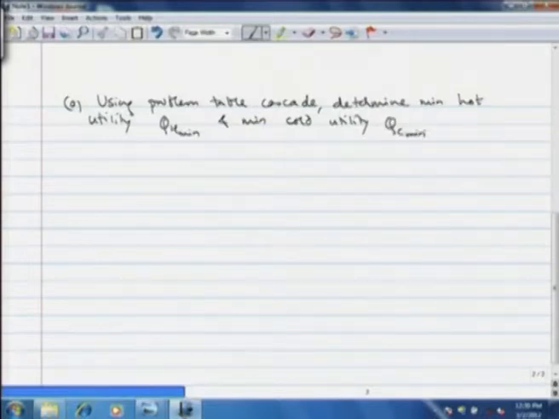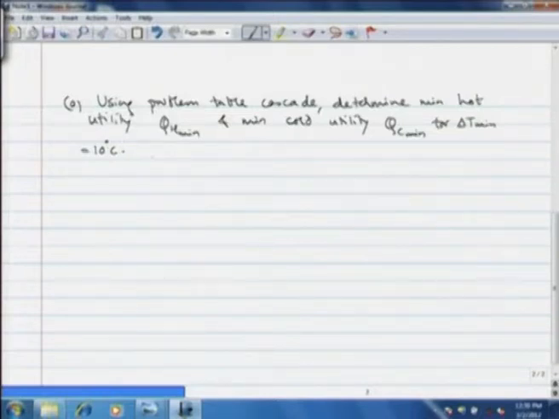Minimum hot utility is denoted by acronym QHmin and minimum cold utility by QCmin, and then we are given a delta T min, pinch temperature difference, of 10 degrees centigrade. Okay.